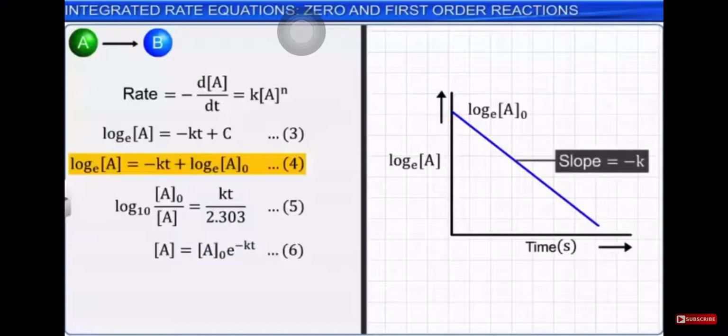In first order reaction also we are getting the slope as minus K. In zero order the reaction was A is equal to minus KT plus A0, that is for the concentration, and in first order reaction we are getting log e concentration of A is equal to minus KT plus log e A0.